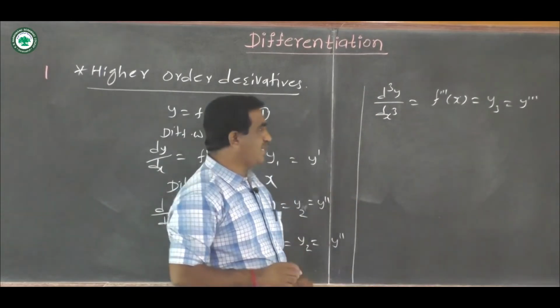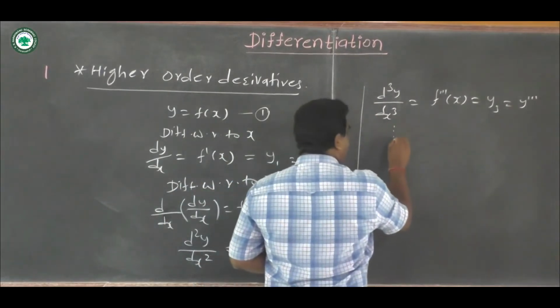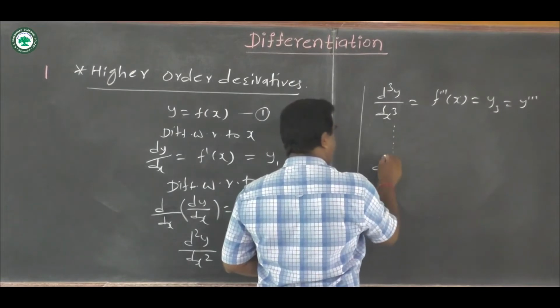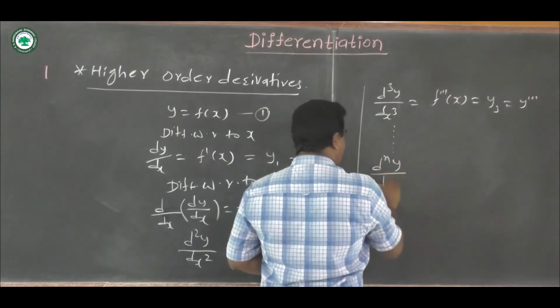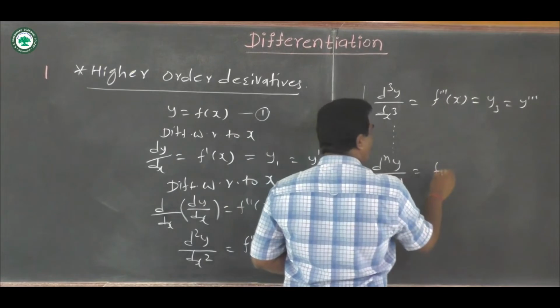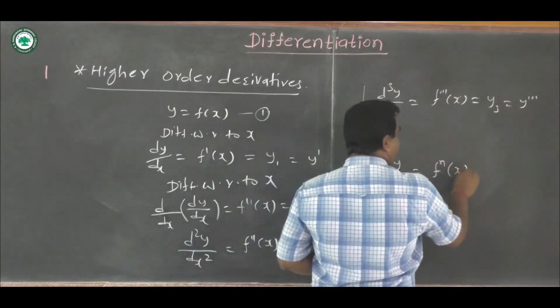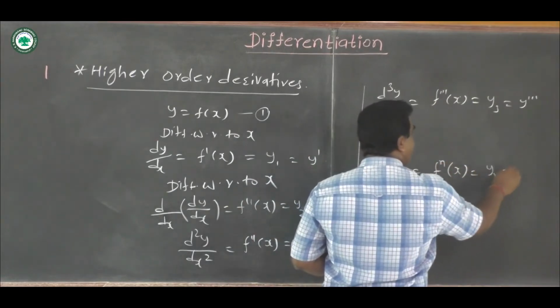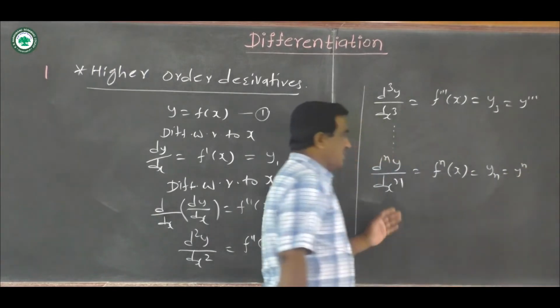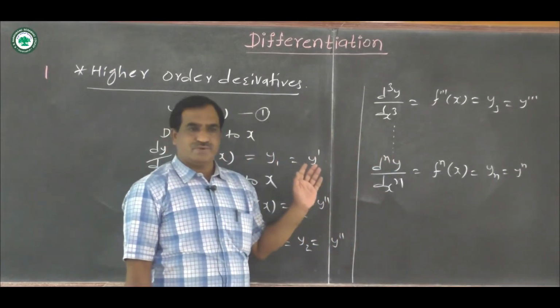Continuing in this way, we can find the last derivative, that is the nth derivative, d^n y by dx^n is equal to f^n of x equal to y^n equal to y raised to n. This is called the nth order derivative.